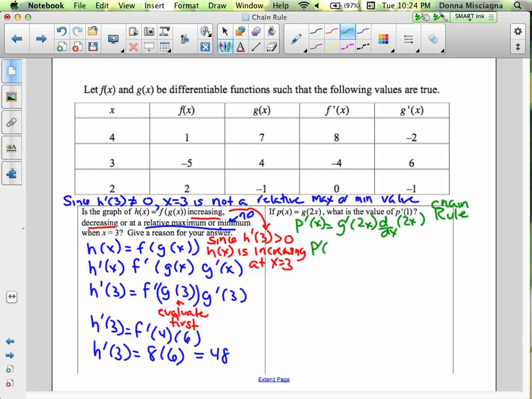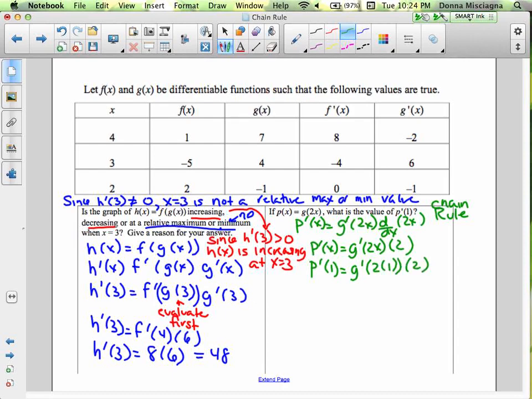So p prime of x is equal to g prime of 2x, and then the derivative of 2x, of course, is just 2. Okay? So then we're going to multiply by 2. All right, so now let's evaluate. So we have p prime of 1 equals g prime of 2 times 1, and then times 2.